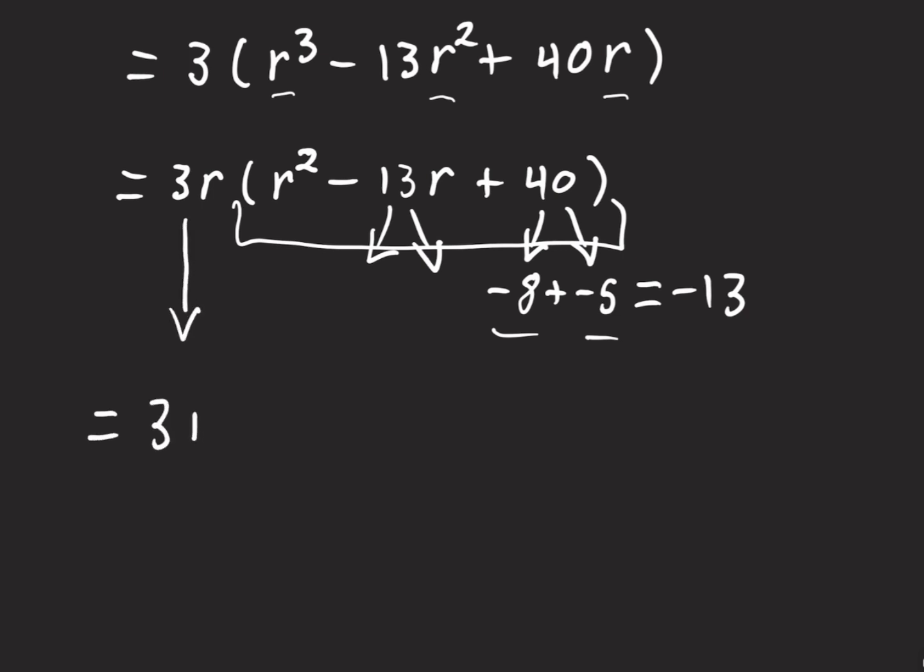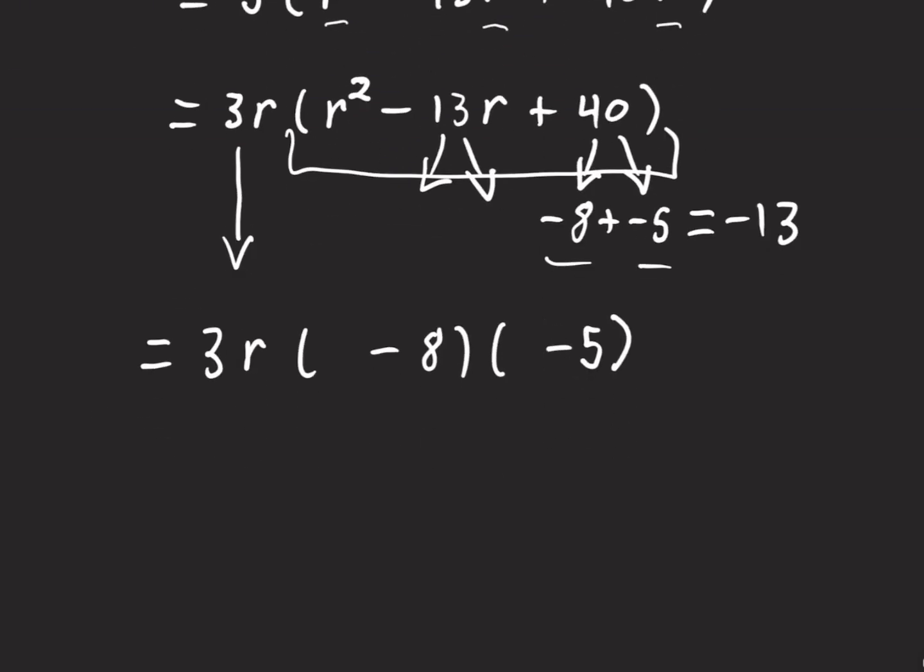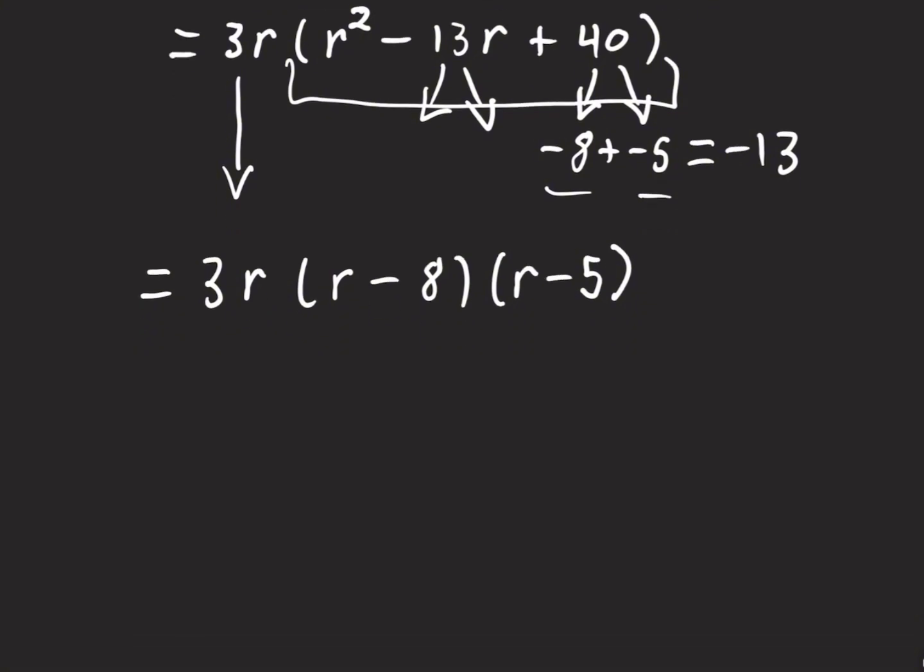So this will be equal to 3r bracket r minus 8 bracket r minus 5. And those are some harder simple trinomial practice problems.